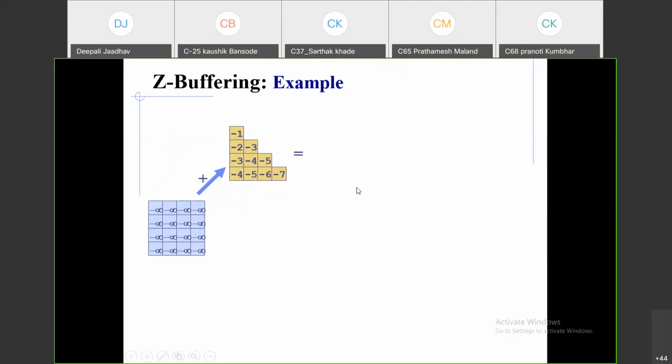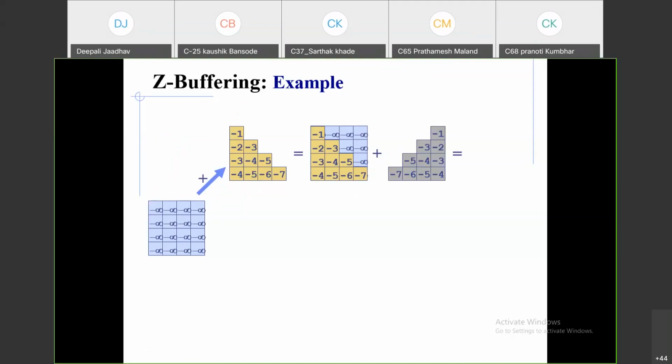Now see it with the animation. Minus 4, minus 5, minus 6, minus 7, then minus 3, minus 4, minus 5, minus 1. Now this one is compared with this one.